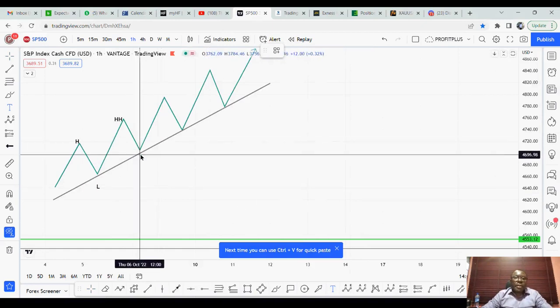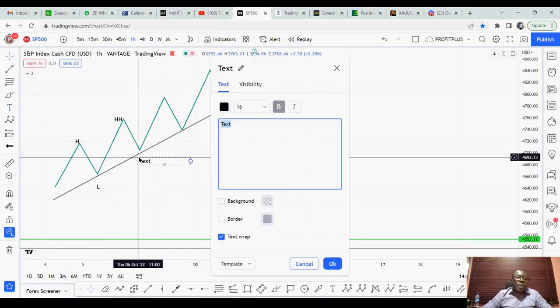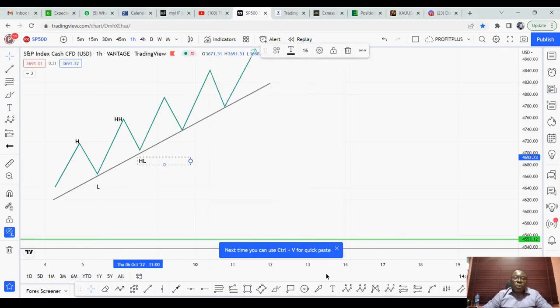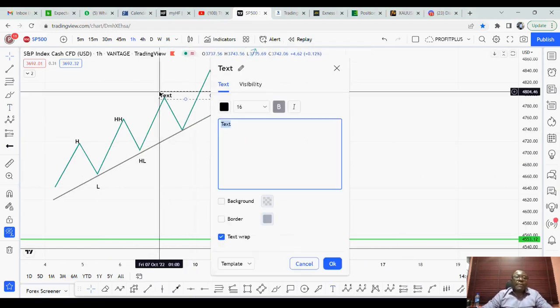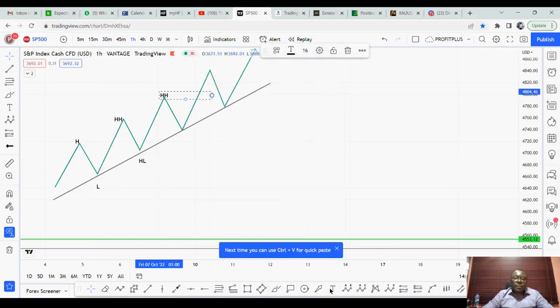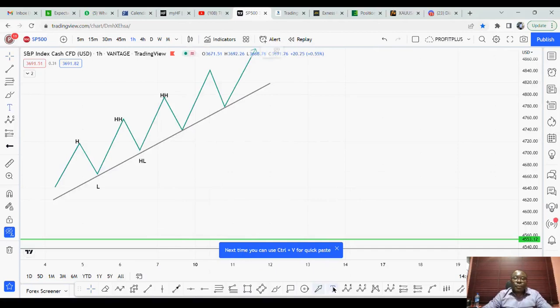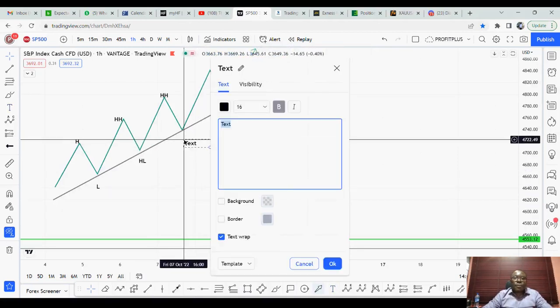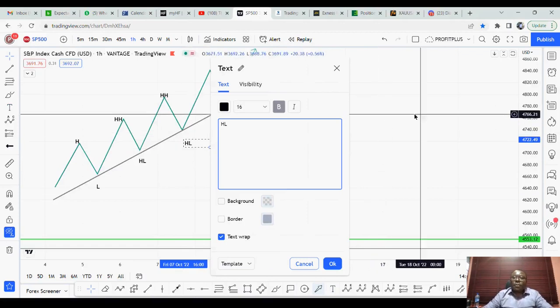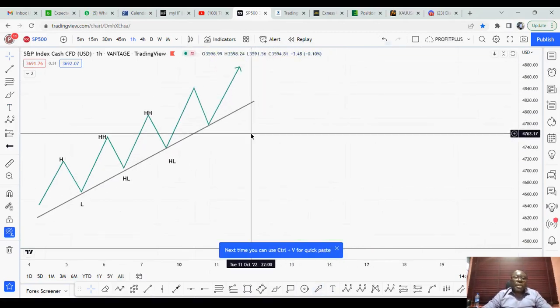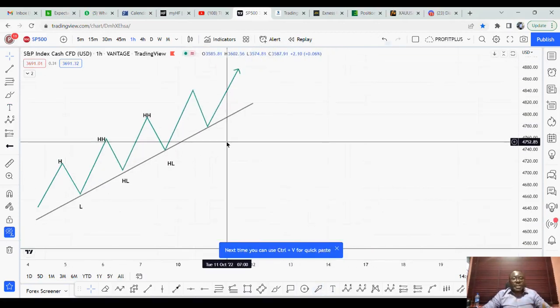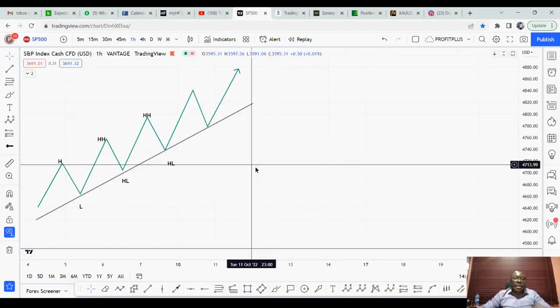Then this is the low, and this one will be a higher low. Then you have another higher high, and another higher low. That's how it continues. This is what is called an uptrending market.